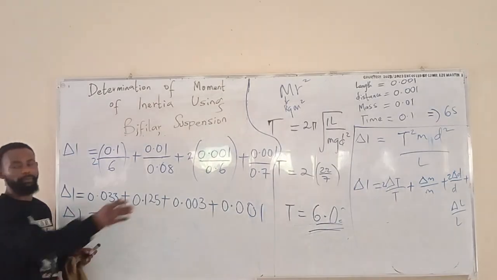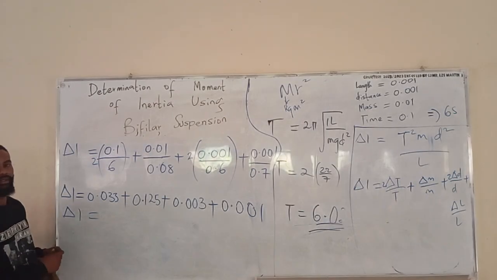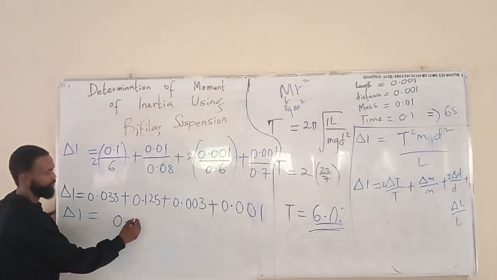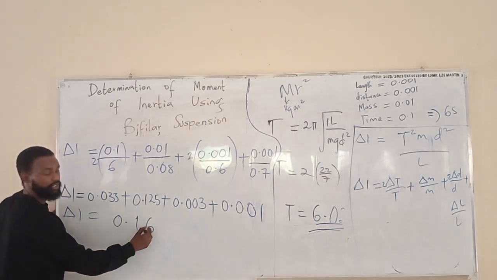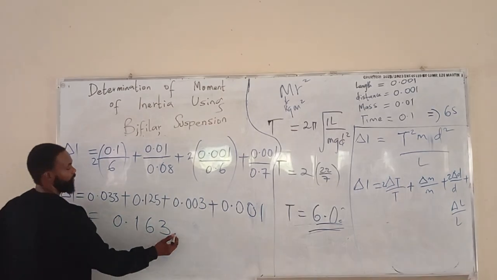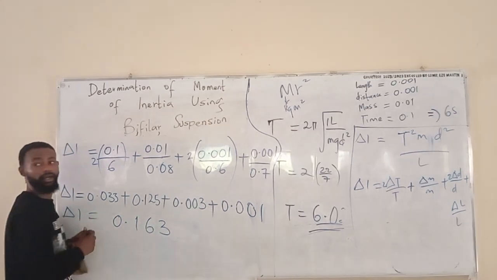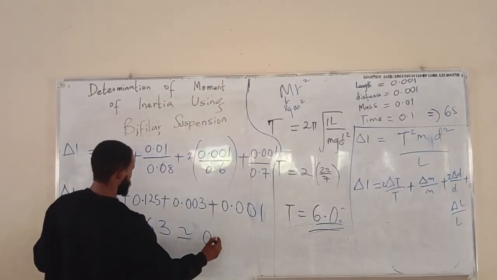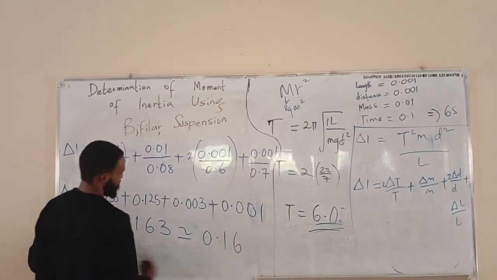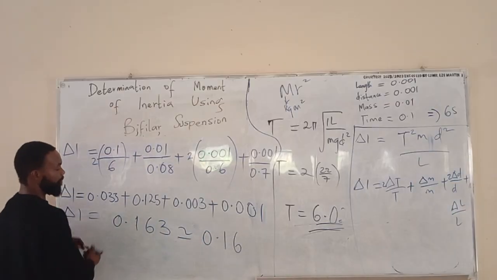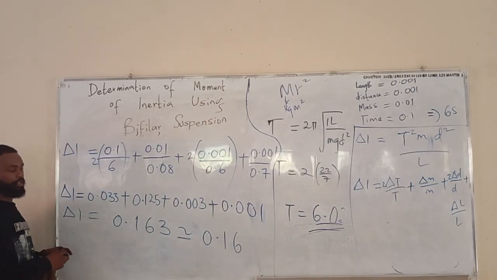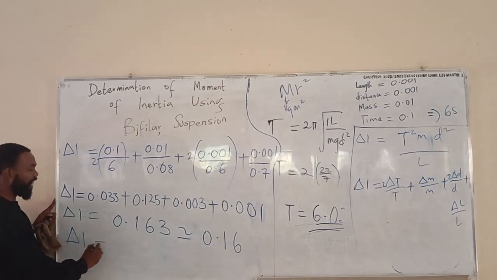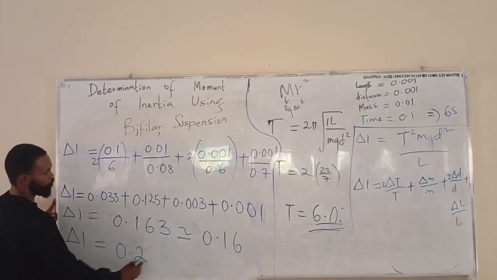Add up everything for me. 0.163, which is approximately 0.2. Are you aware? Yes. So I want to use 0.2. So change in I is actually 0.2.